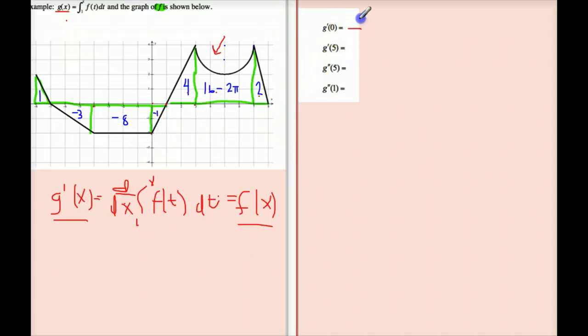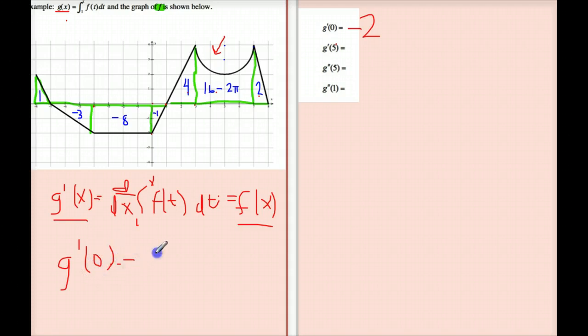So in this case, the derivative's value is negative 2. Also, if I look at g prime of 5, let's do the first one. g prime of 0 is equal to f of 0.